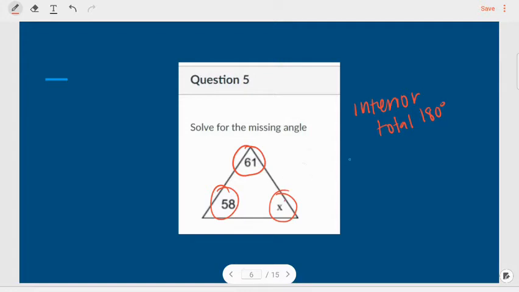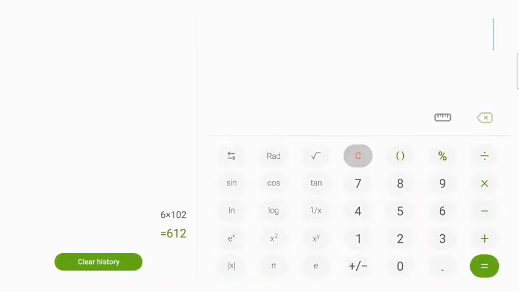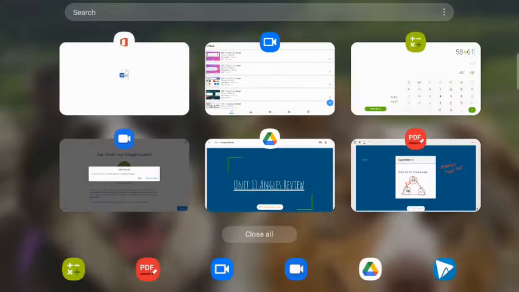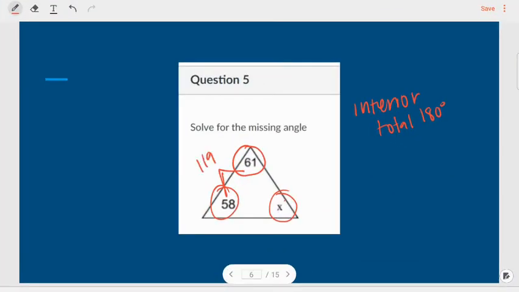Well, add the two together that I know. 58 plus 61 is 119. To find my remaining angle, I'm going to take 180 minus 119, which gives me a grand total of 61. So x is 61. And that's it.